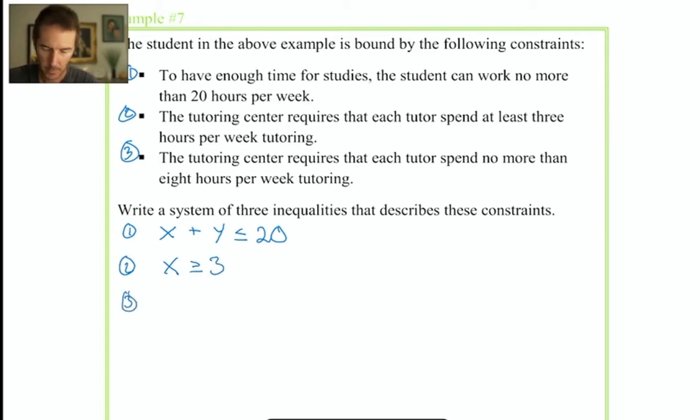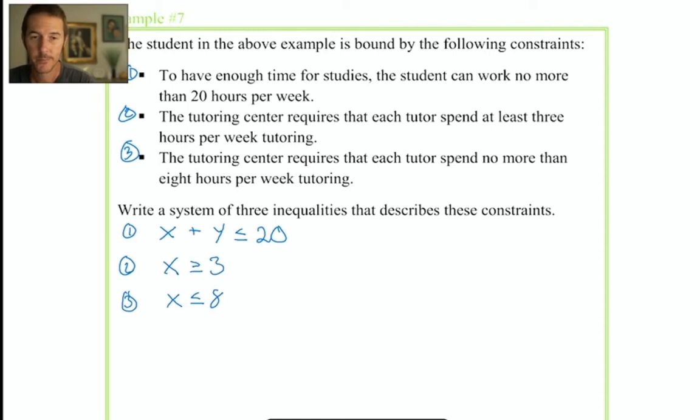And third, the tutoring center requires that each tutor spend no more than 8 hours per week tutoring. So the number of hours that I spend tutoring also has to be less than or equal to 8. Can't be greater than 8. Could be 8 or less than. It says no more than 8 hours. Okay, because we have to focus on our studies and so on.